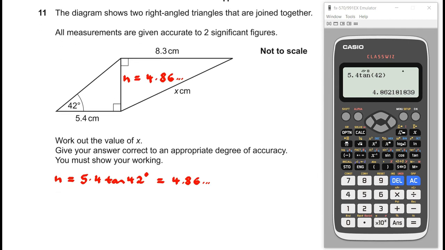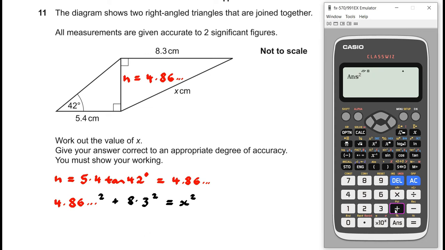So to find out what x is, we can use Pythagoras. We've got the 4.86, etc. squared plus the 8.3 squared, and this will equal x squared.